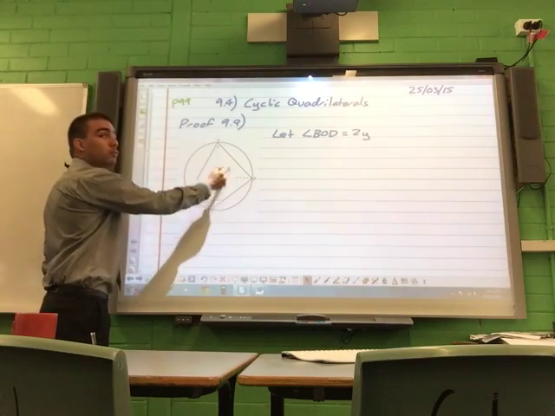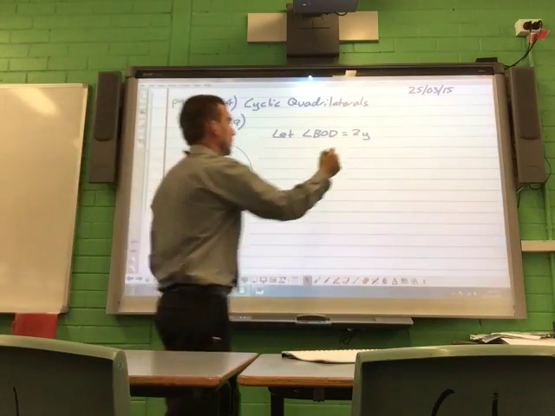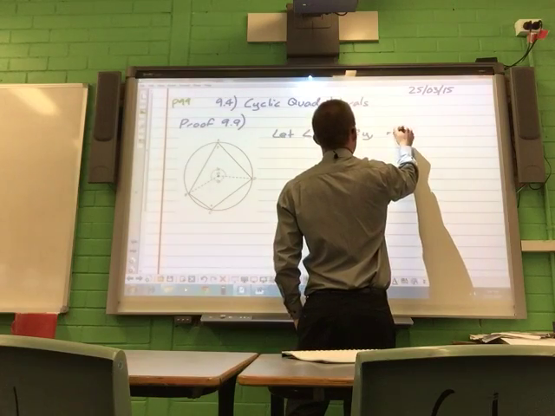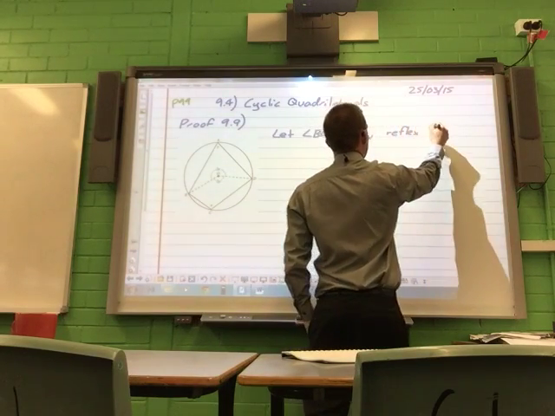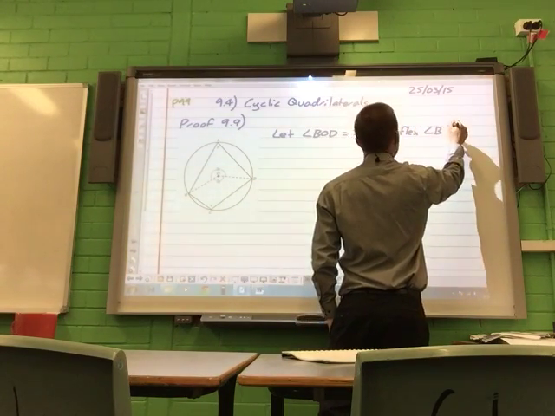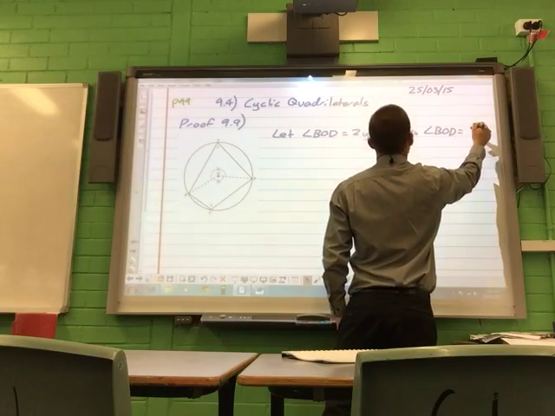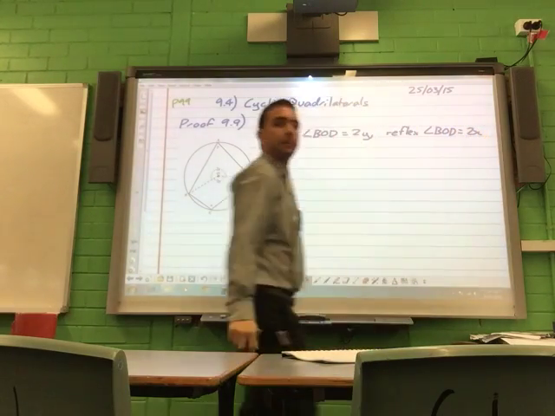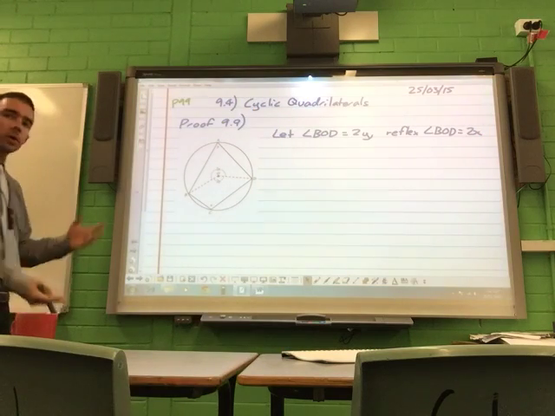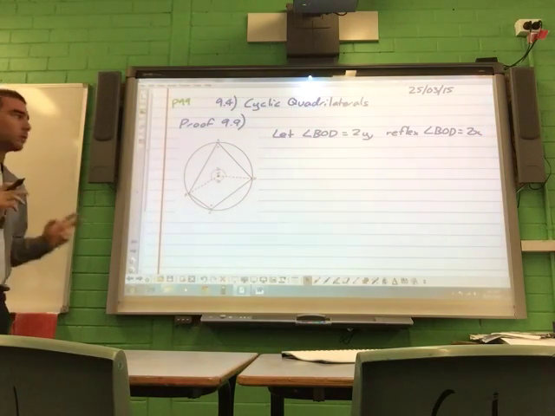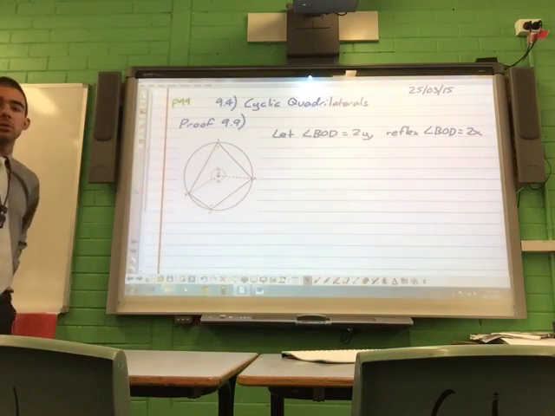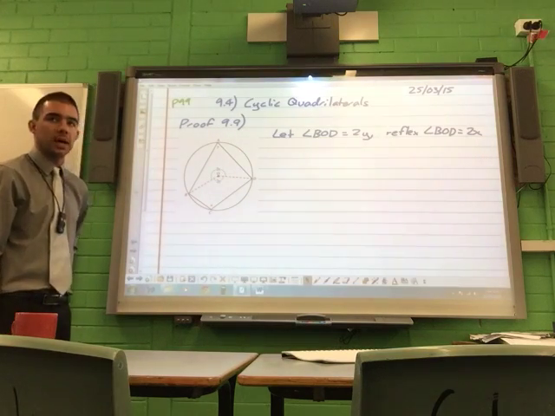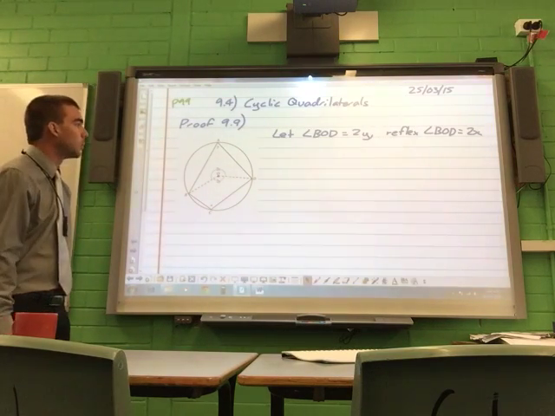When you've got the reflex angle, you need to say the reflex angle BOD, and that's going to be 2x. So same angle, but I'm referring to both the obtuse and the reflex part of it. You need to make sure you're stating the reflex if you're showing a reflex angle.